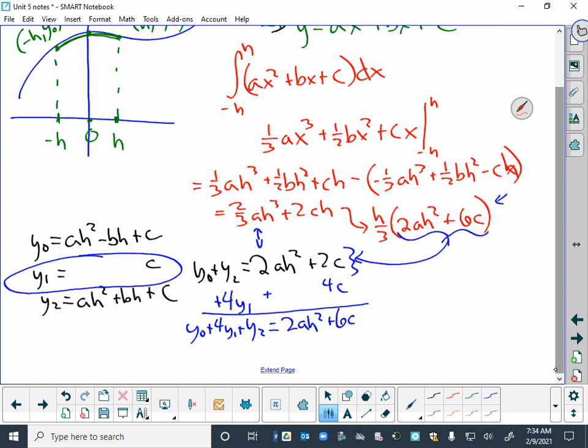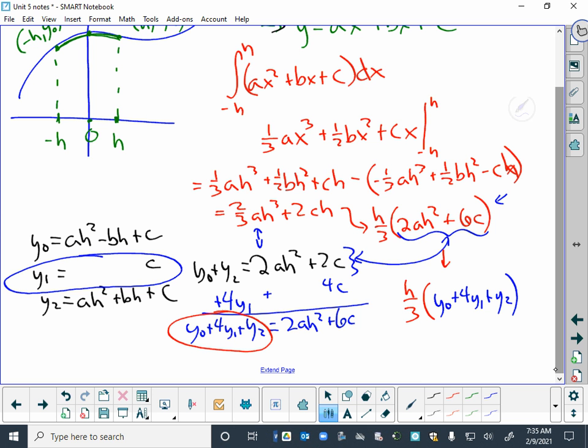And then I can make a substitution and replace the 2ah squared in this. I'll keep the h over 3, but now inside the parentheses, instead of 2ah squared plus 6c, I'll use its new name, which is y0 plus 4y1 plus y2.